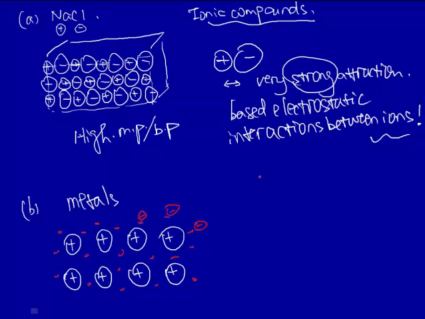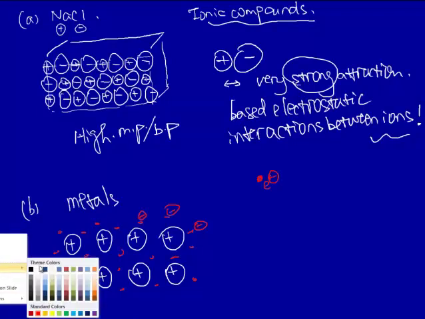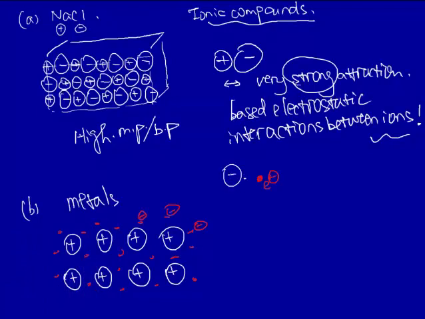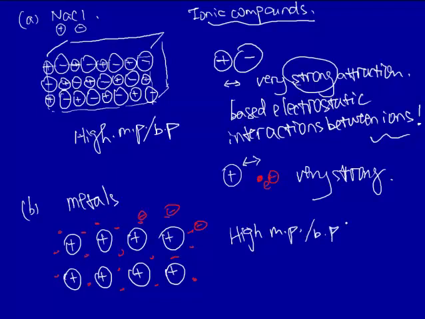You still have negatively charged electrons interacting with positively charged metallic cations. So it's still a positive negative interaction, very strong. So you would think for metals you will get very high melting points and boiling points.